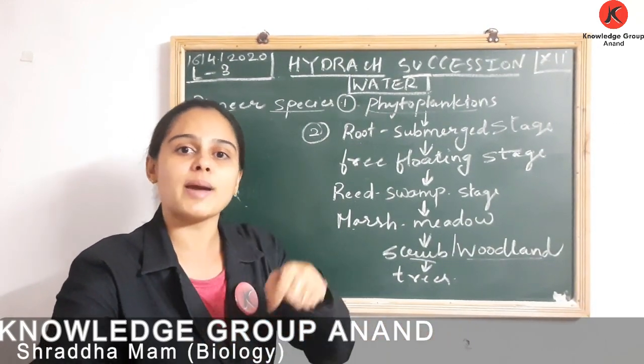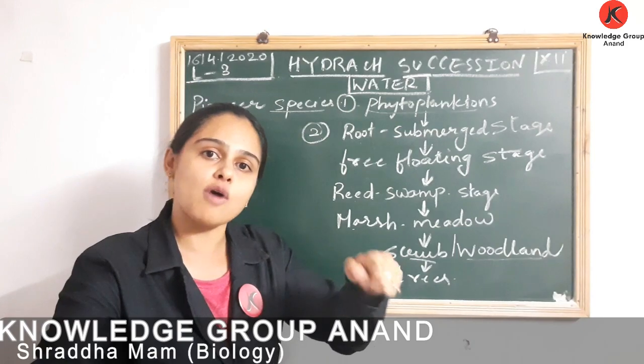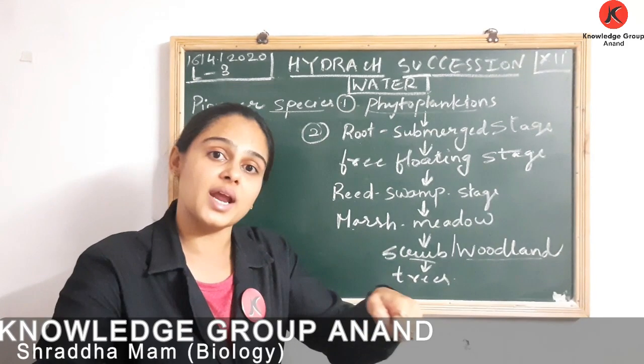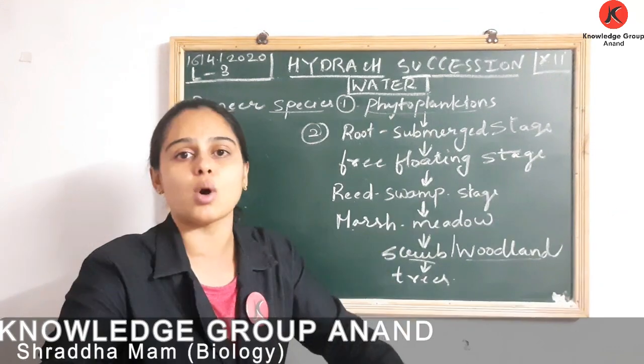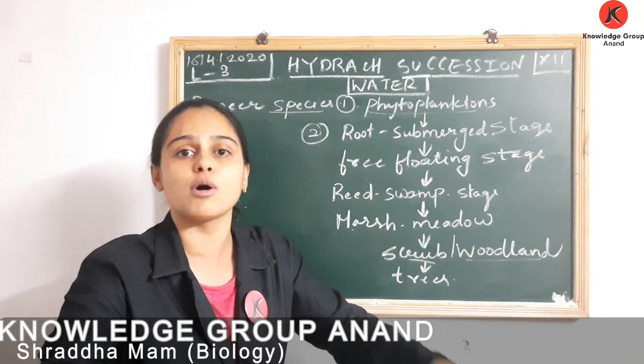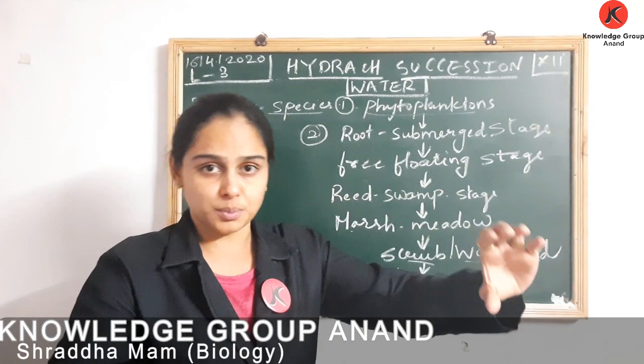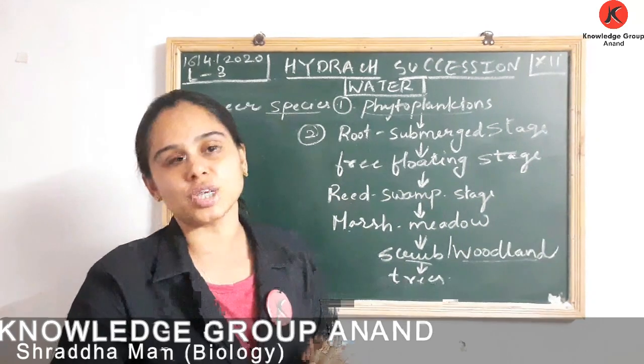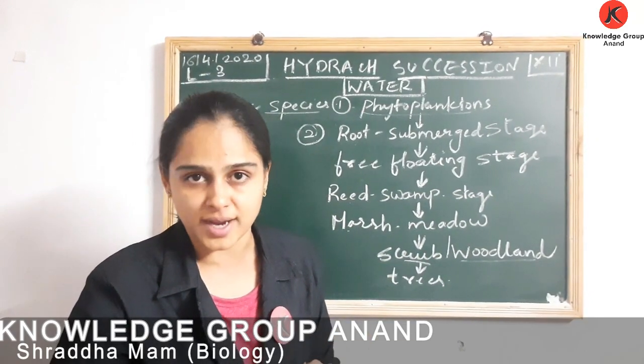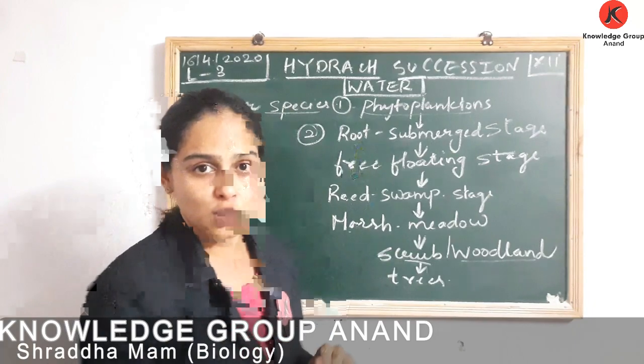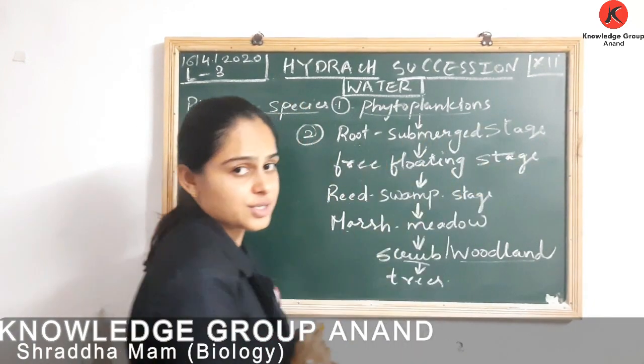Silt is formed by a mixture of soil along with rain, at the bottom of the pond, soft mud suitable for rooted hydrophytes. Rooted submerged stage.